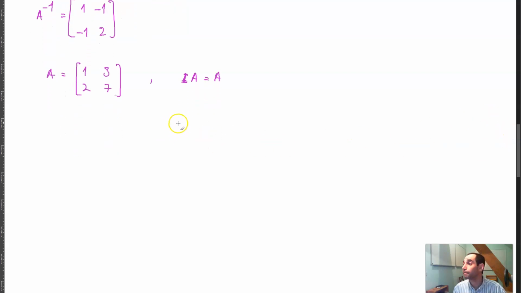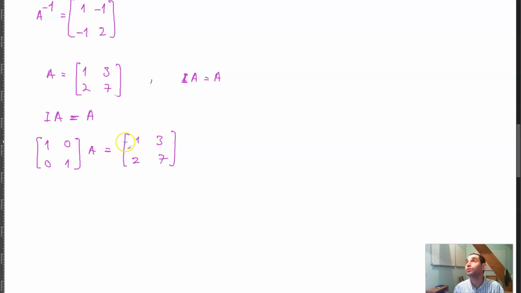Therefore, what that means is basically I will write IA is equal to A, and so I is the same thing as 1, 0, 0, 1, and A I write as it is, and then A is equal to 1, 3, 2, 7.